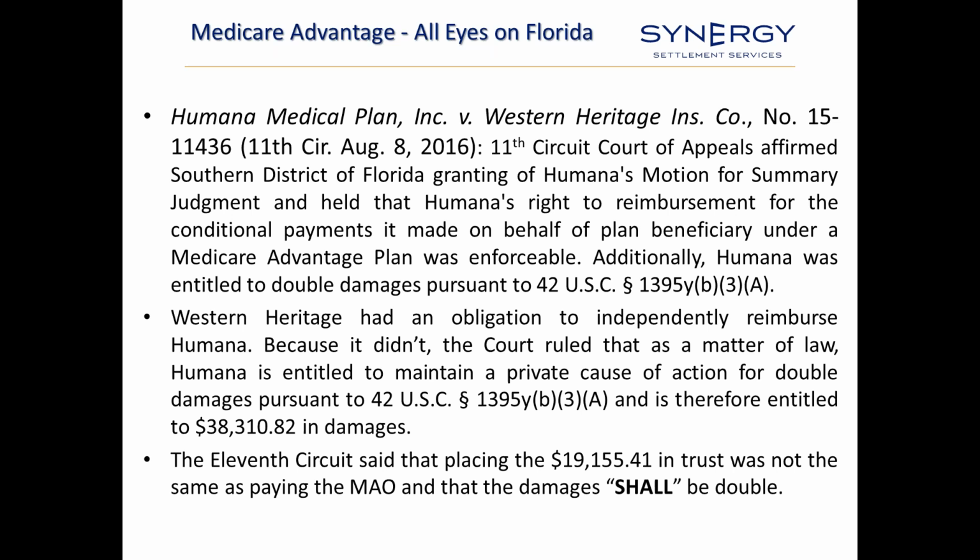The crux of it is that it was held Western Heritage had the obligation to independently reimburse Humana even though they had paid the plaintiff, and because it didn't, the court found that as a matter of law they were exposed to double damages.